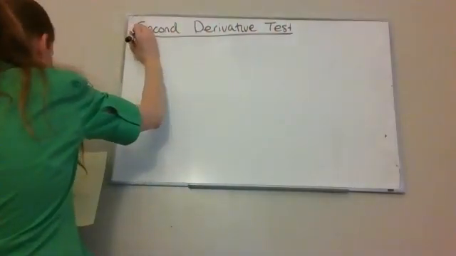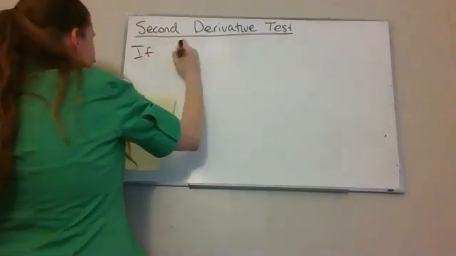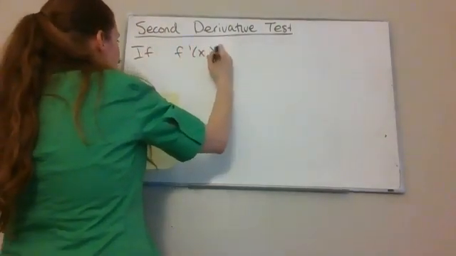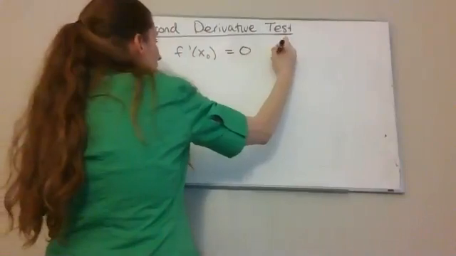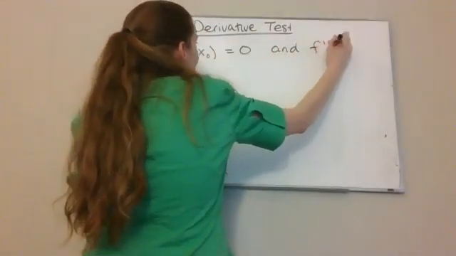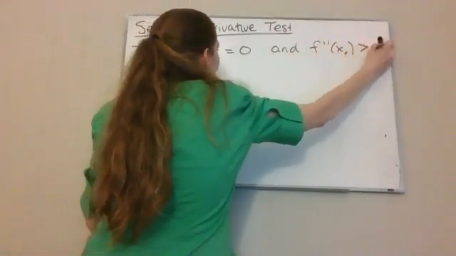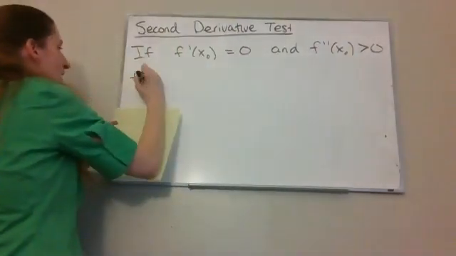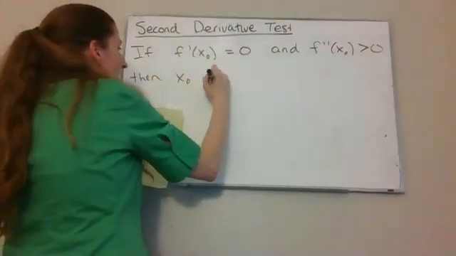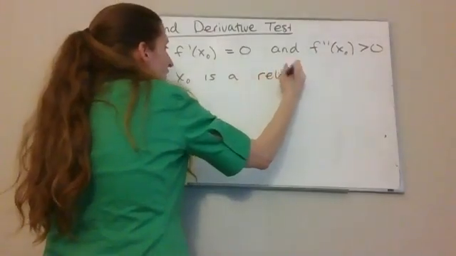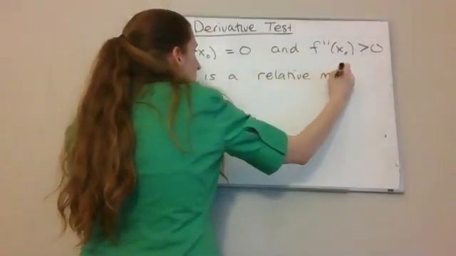The second derivative test says if the derivative is equal to 0 and the second derivative is positive, then x0 is a relative minimum.